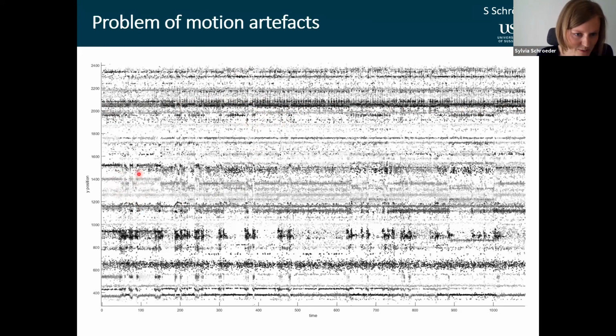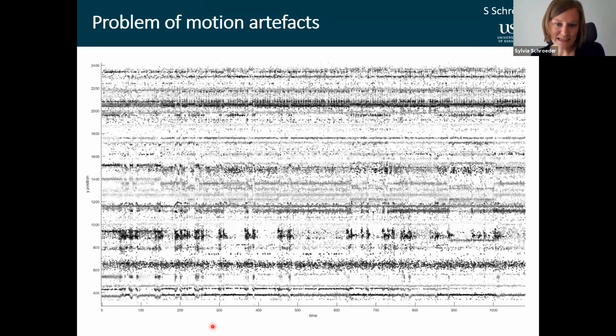So here, for example, you see some jumps seem to happen, or maybe best you can see it down here. So that's relatively deep in the brain, and there's lots of instability. So if you had only a stupid spike sorting algorithm that couldn't deal with these shifts along the probe, you would be lost.